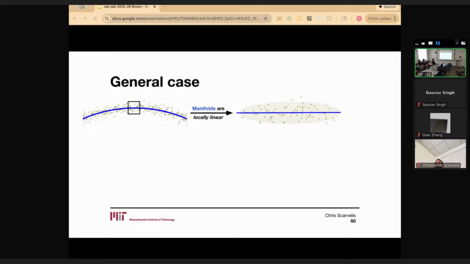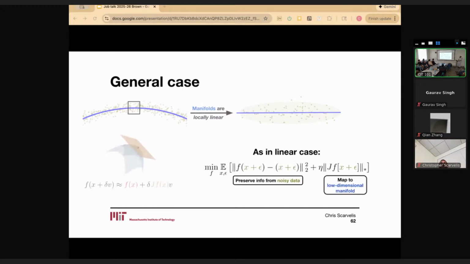Now, so far, though, this has just been a special case. Right? Remember that we're assuming our data lives near a nonlinear manifold, not a linear subspace. But the good news is that nonlinear manifolds locally look like subspaces, and nonlinear functions locally look like their derivatives, both of which are linear objects. And so we can very naturally generalize this shrinkage problem for linear data, and we get this objective on the slide, which is formally pretty similar to the one we had before.